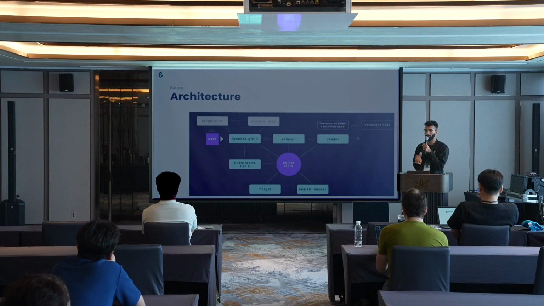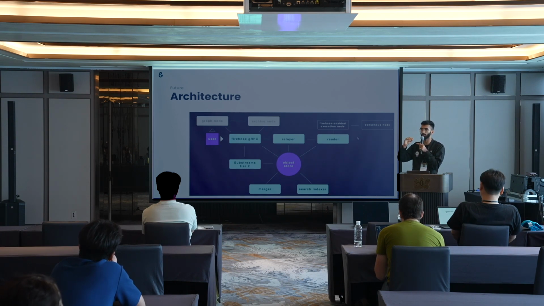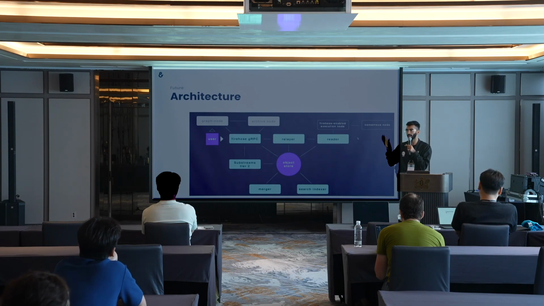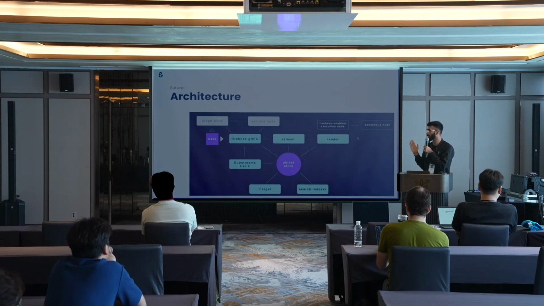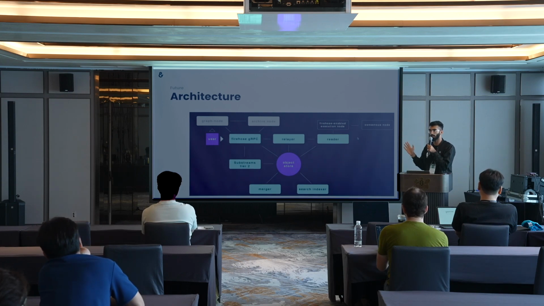That's how flat files are created. You have a block that is converted to a flat file. That flat file is either used by the indexer, or first of all the useful information is taken and the flat file is deleted. That's how the architecture of Firehose works.